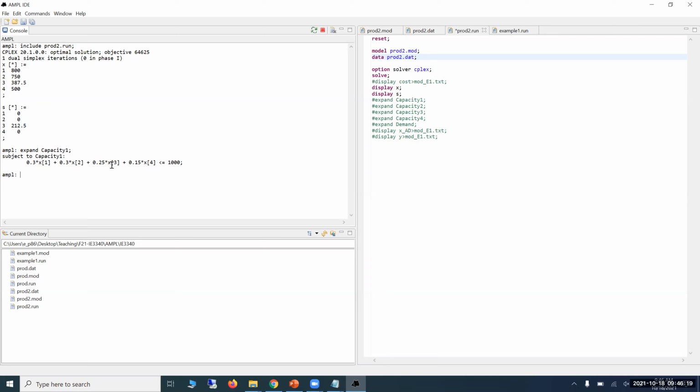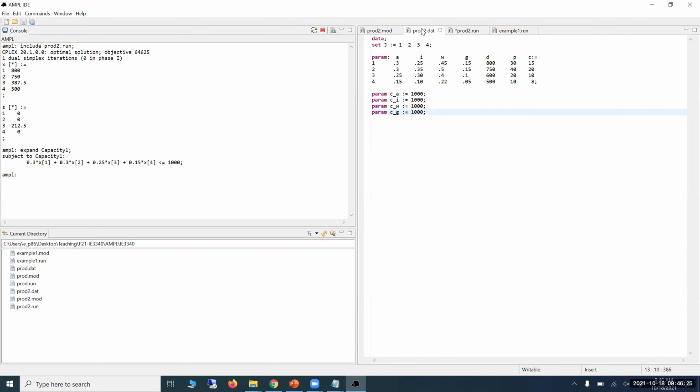Can you open data again? So what is this parameter, C over score any?